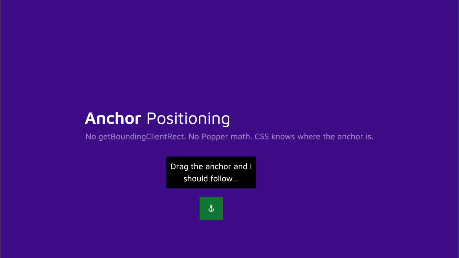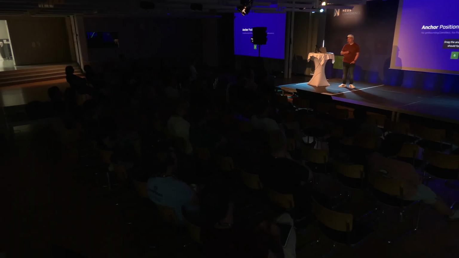Now it gets really awesome. Anchor positioning. Do you know the library Floating UI? Or some React libraries, or Vue, or Svelte, or whatever. There are so many libraries that just manage how a window is floating. They work with getBoundingClientRect, and one famous one is Popper.js.